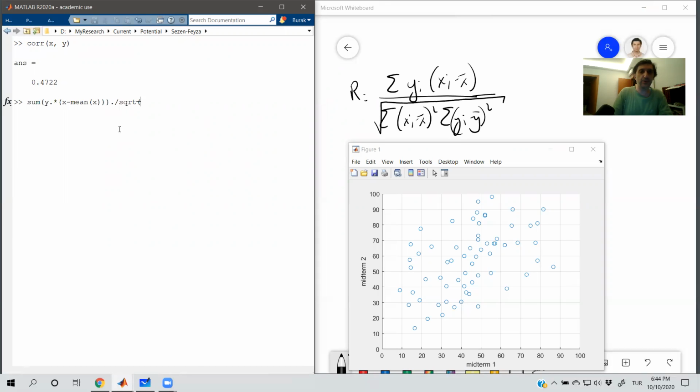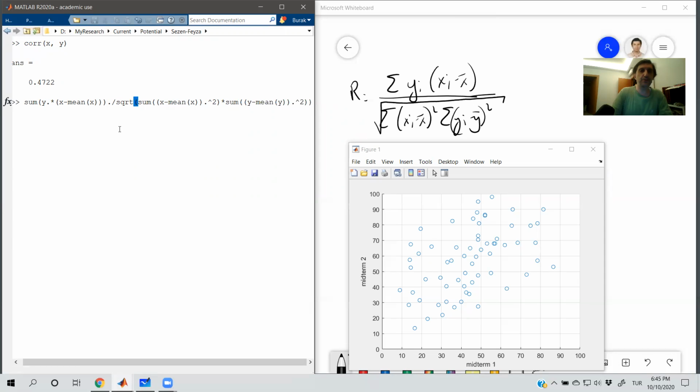Then I say square root here, and it's going to be sum of (X minus mean X) squared, multiplied by sum of (Y minus mean Y) squared. You should be careful about the order of the parentheses, first squaring, then summation. And the result, as you can see, is totally identical.